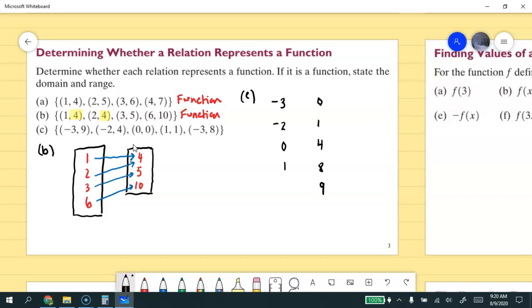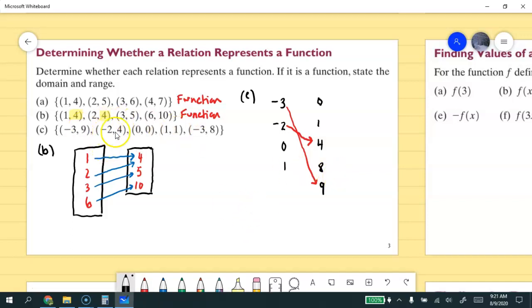Now let's draw arrows. First, we're going to go from -3 all the way to the 9. Next, we'll go from -2 to 4. So far, no problems here. I forgot the -3 earlier, I got crossed up.